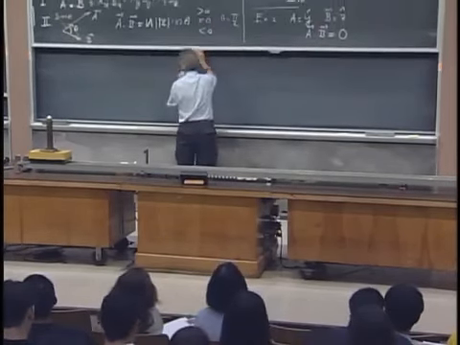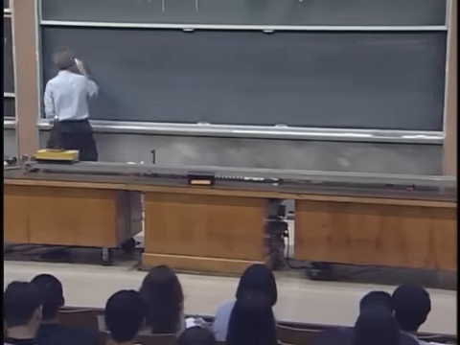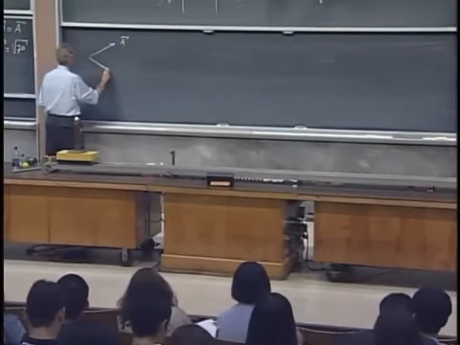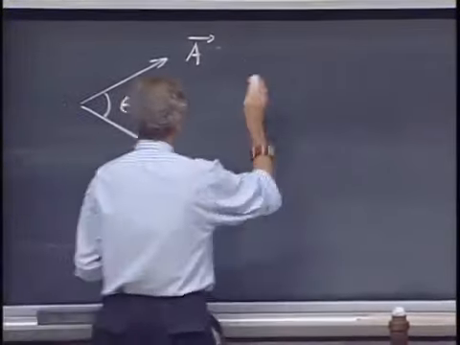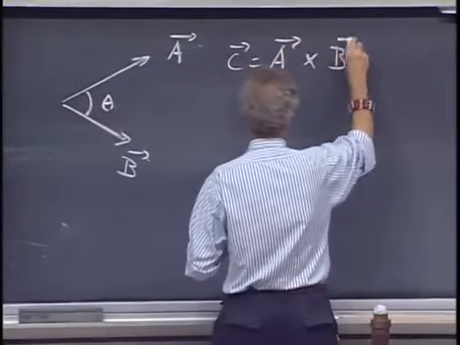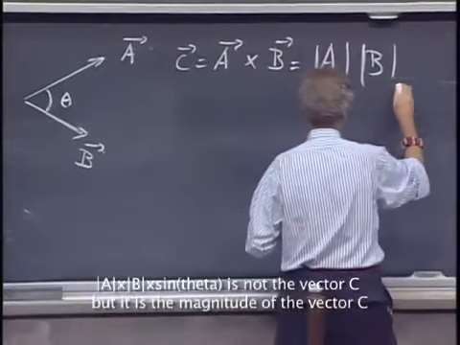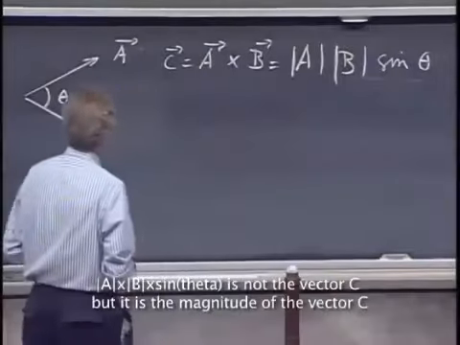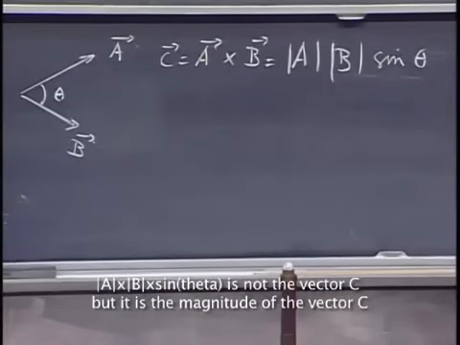If you know vector A, and you know vector B, and you know that the angle is theta, then the cross product C equals A cross B is the magnitude of A times the magnitude of B times the sine of theta. Not the cosine of theta, as we had before with the dot product. It is the sine of theta.